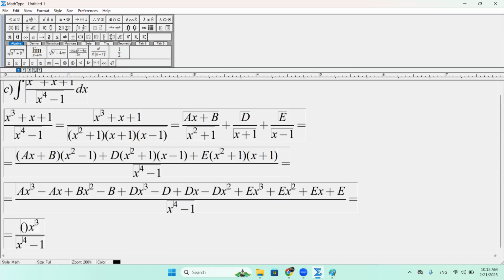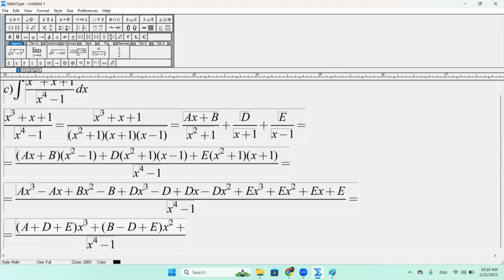Firstly, grouping power 3: a plus d plus e. And what about power of 2? b minus d plus e. Now power 1: minus a plus d plus e.